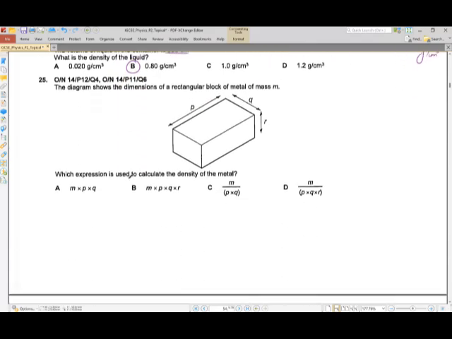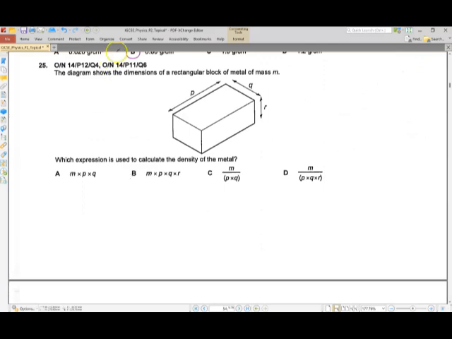Moving forward, the diagram shows the dimensions of a rectangular block of metal of mass m. Which expression is used to calculate the density of the metal? Okay, density is, as we've been doing it again and again, mass over volume. So if the mass is given by m, the volume is length into width into height.